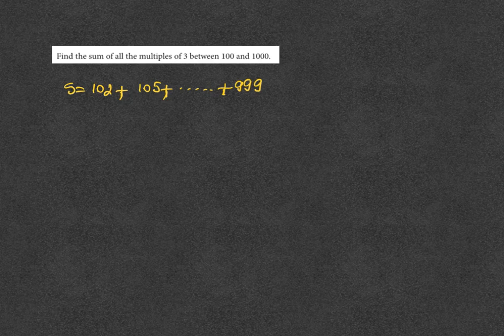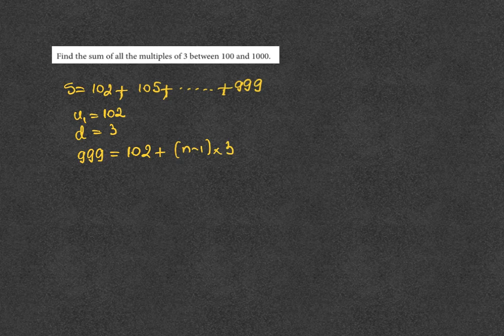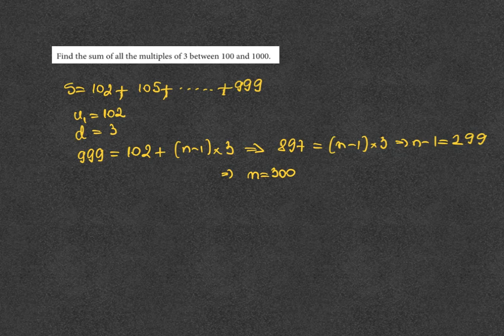Now they form an arithmetic sequence where the first term is 102, the common difference is 3, but I need to see how many terms I have. So 999 will be u1 plus n minus 1 times d, and this will help me find n. As you see, n equals 300.